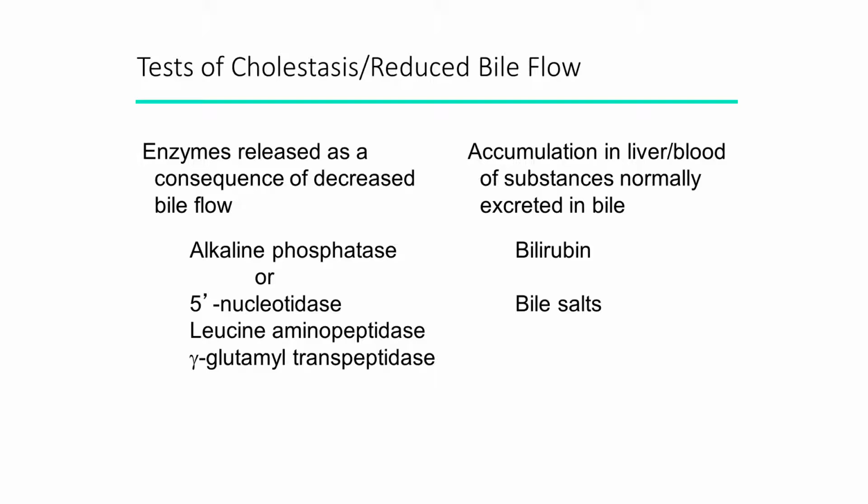And this includes, as I mentioned earlier, your 5' nucleotidase, or your 5' NT, and your gamma glutamyl transpeptidase, or GGT. So these two markers can confirm that the elevation in alkaline phosphatase is actually coming from your hepatobiliary condition.